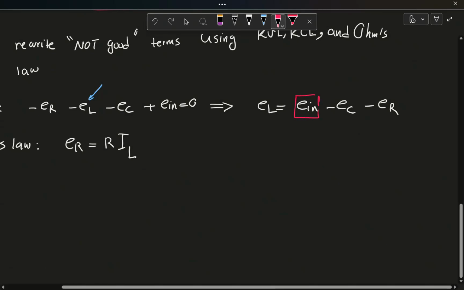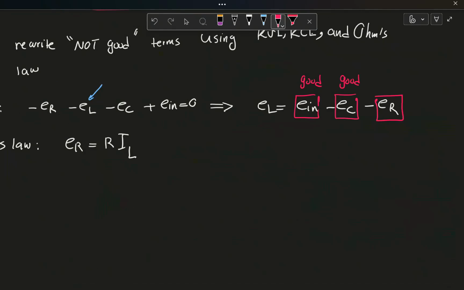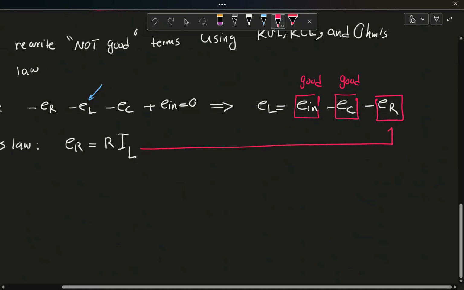I have EN, which is a good term. It's my input. I have EC, which is a good term. Again, it's my dynamic variable. And I have ER here. ER is not necessarily a good term. However, you know that you can actually substitute for ER from Ohm's law.